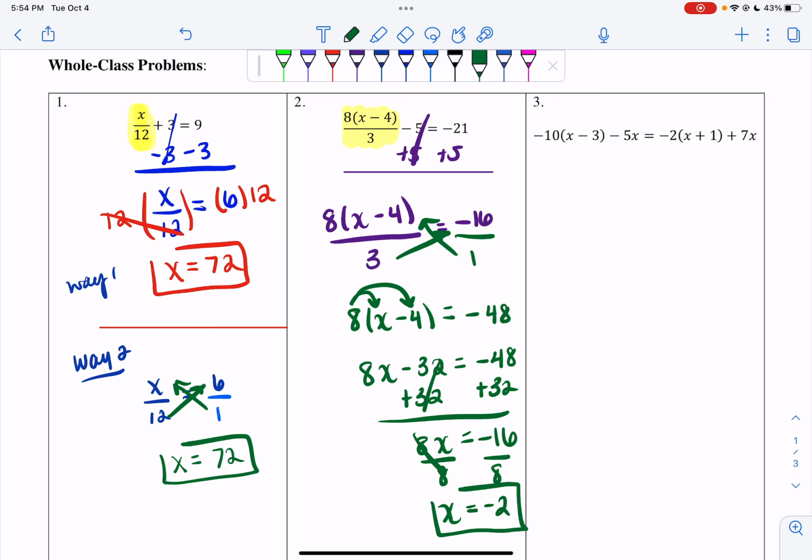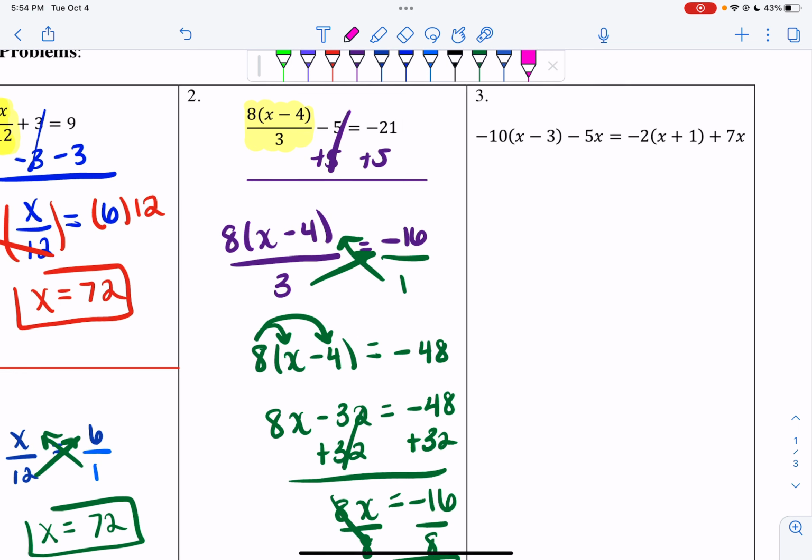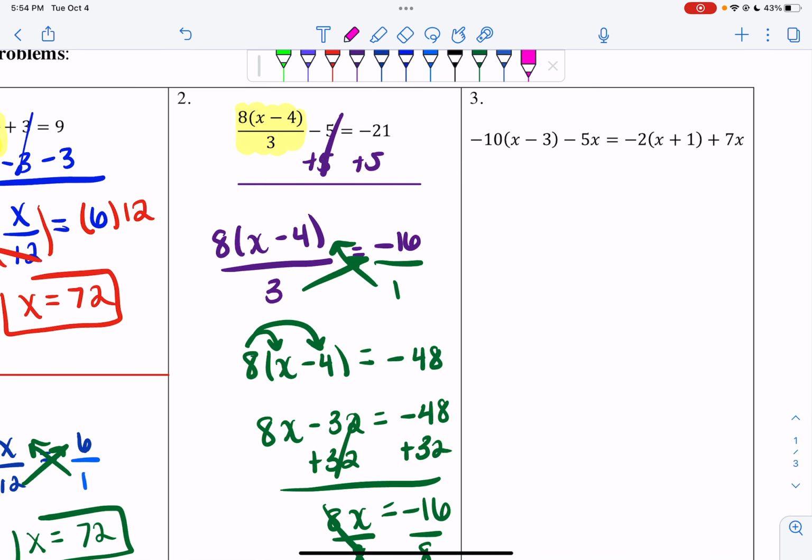Let's see how we do number 3. Number 3, I have -10 times x minus 3, minus 5x, equals -2 times x plus 1, plus 7x. So the first thing I'm going to do is distribute. So I get -10x plus 30 minus 5x equals -2x minus 2 plus 7x.